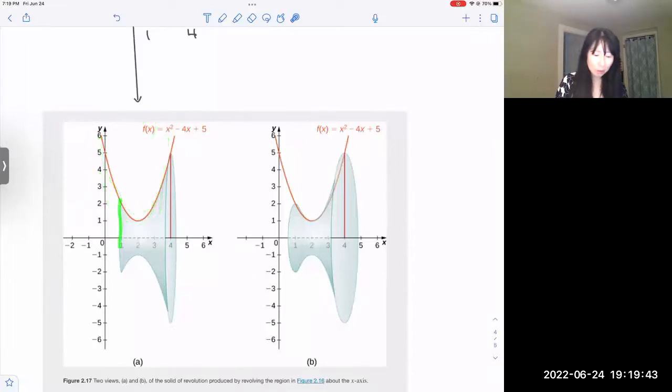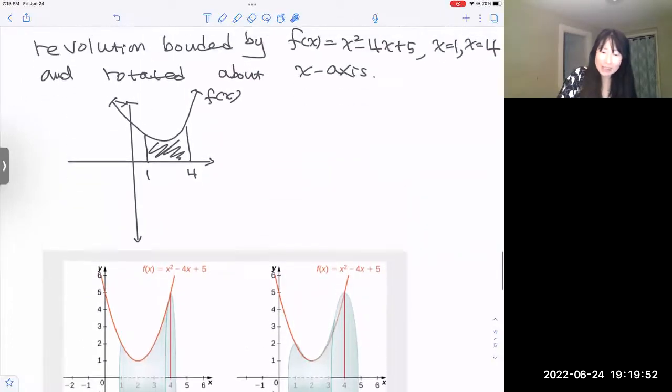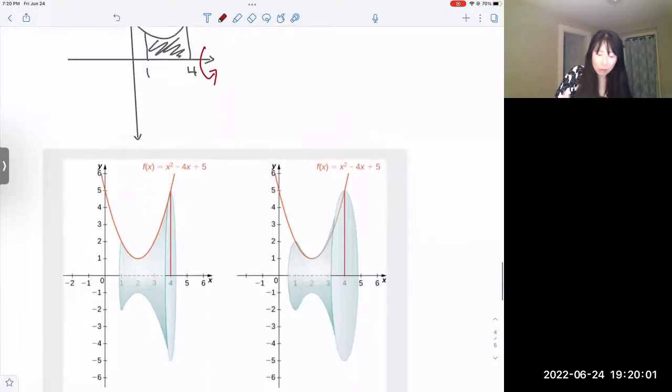And then from 1 to 4, that's the lower bound, upper bound, right? And they rotate about the x-axis. Okay, so they rotate like that. Then look, rotating about the x-axis means the graph reflects here.